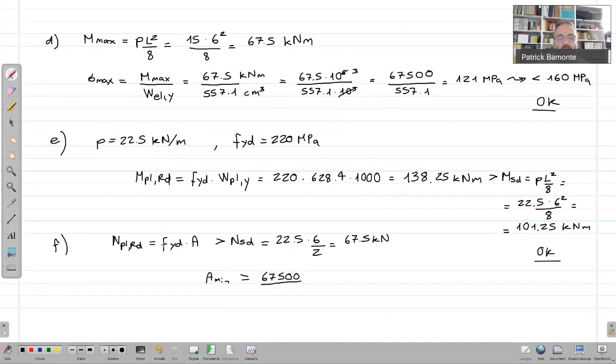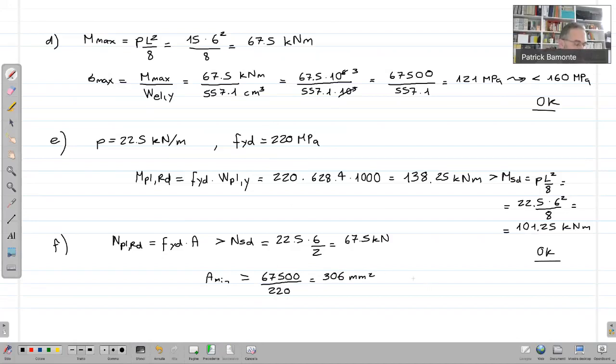And then I divide by Fyd, which is 220 megapascals. Minimum area, if I write the equation in this way, is expressed in square millimeters, and the value is 306 square millimeters. Of course, it's an area.